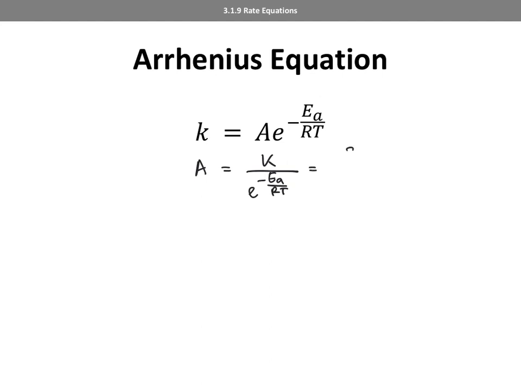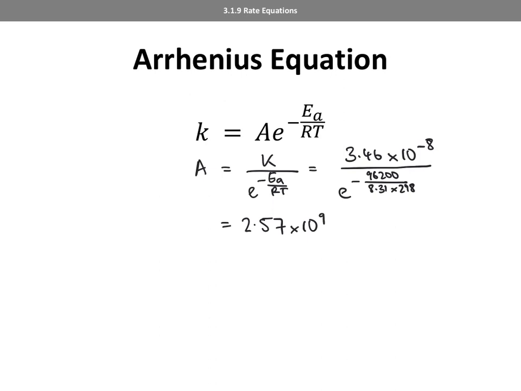We know that k is 3.46 times 10 to the minus 8, and then it is e to the minus, and then the activation energy, 96,200 joules per mole, over the gas constant times the temperature. We put that into our calculator, and that gives us a final value of 2.57 times 10 to the 9.